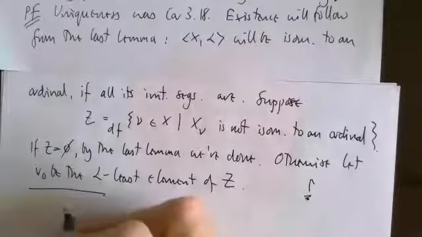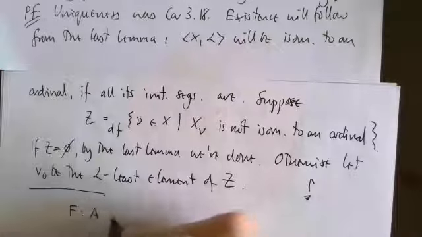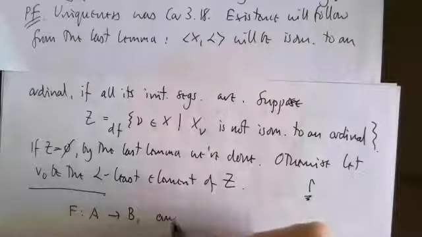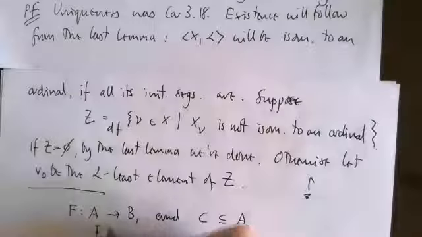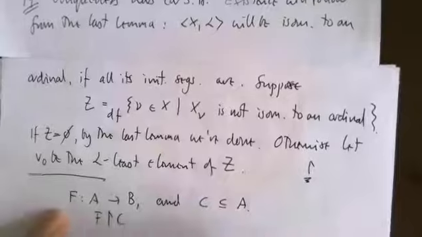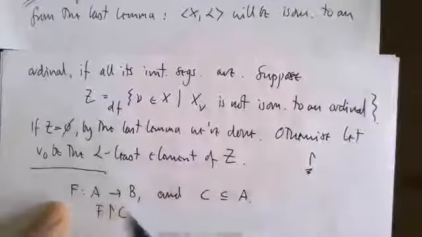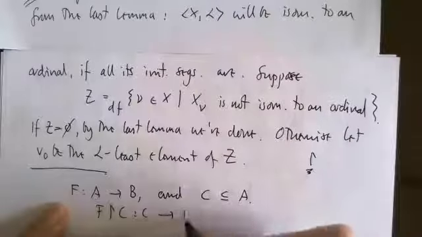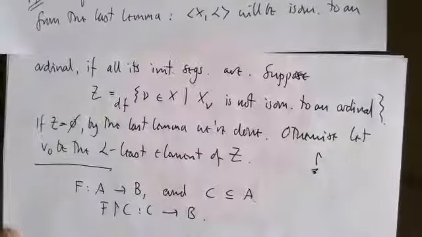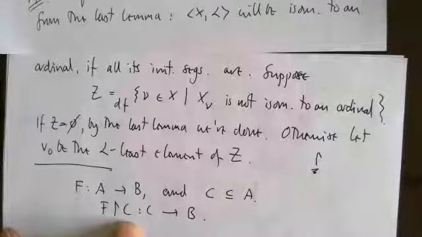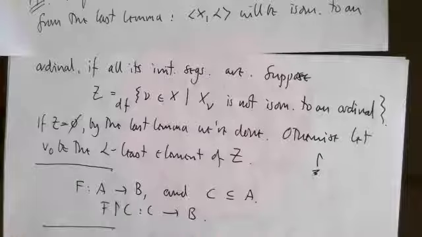So maybe I've got a function F from A to B, and I have that C is a subset of A. Then F restricted to C is just the piece of F that sends C to something. So it's the same function as F, but it's just the piece of F whose domain is C rather than all of A.